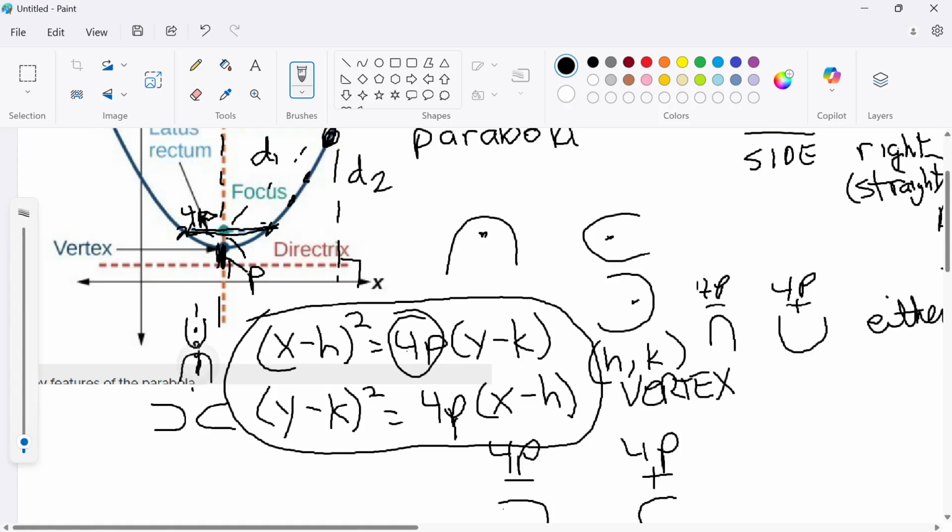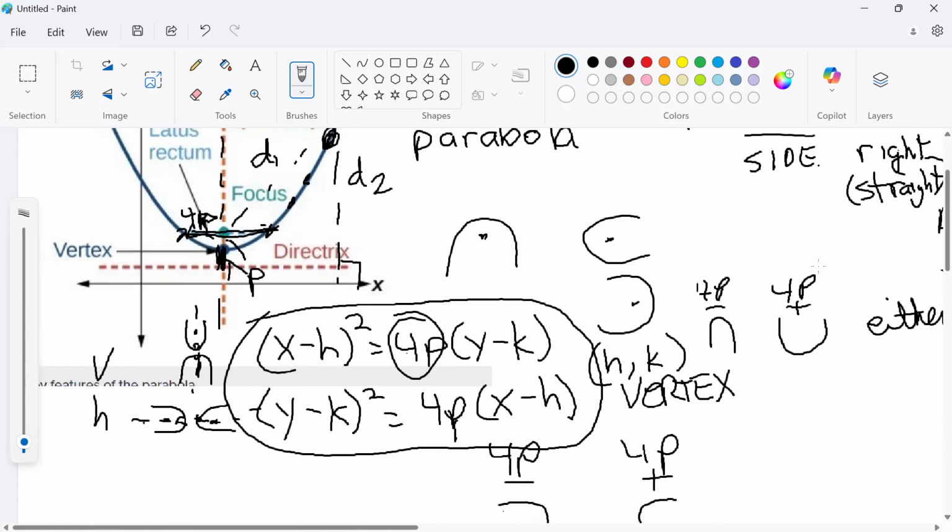If it's vertical, it's a vertical parabola when the x is squared. If it's horizontal, the line of symmetry, or axis of symmetry, goes through the vertex and the focus. There's only one focus in a parabola. Then it's called a horizontal parabola. So this is vertical, this is horizontal. And that's it. Those are the features of a parabola.